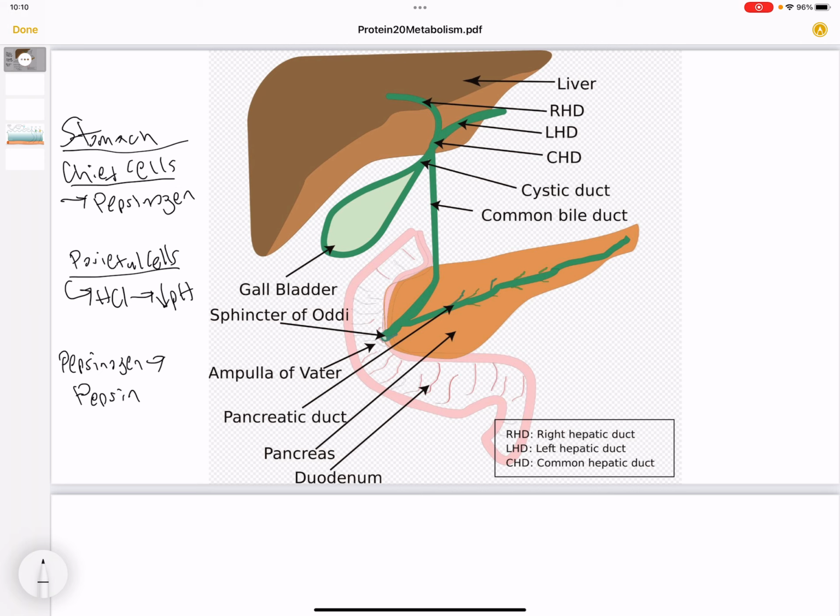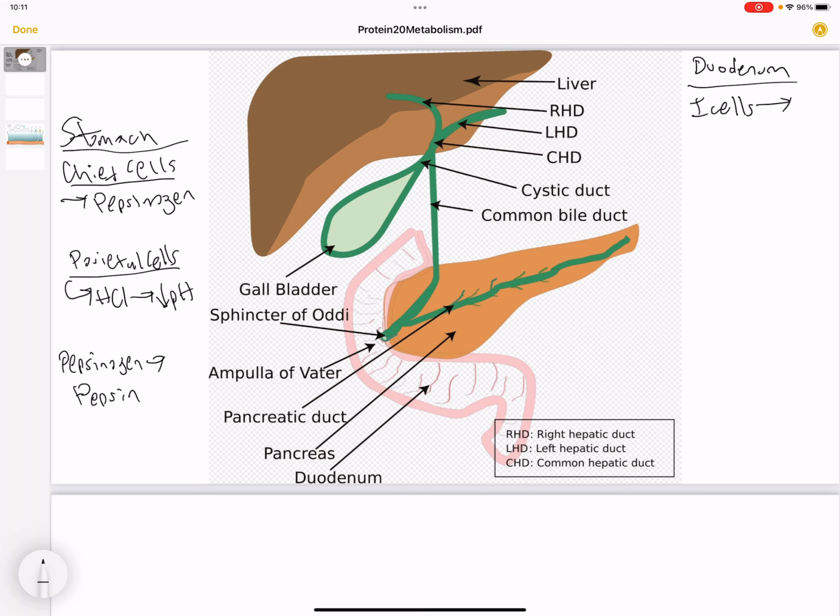Now, as you may recall, bolus is turned into chyme in the stomach through chemical and mechanical digestion. Once chyme enters the duodenum, there are two big hormones that are going to be released. In the duodenum, we're going to have the I cells.